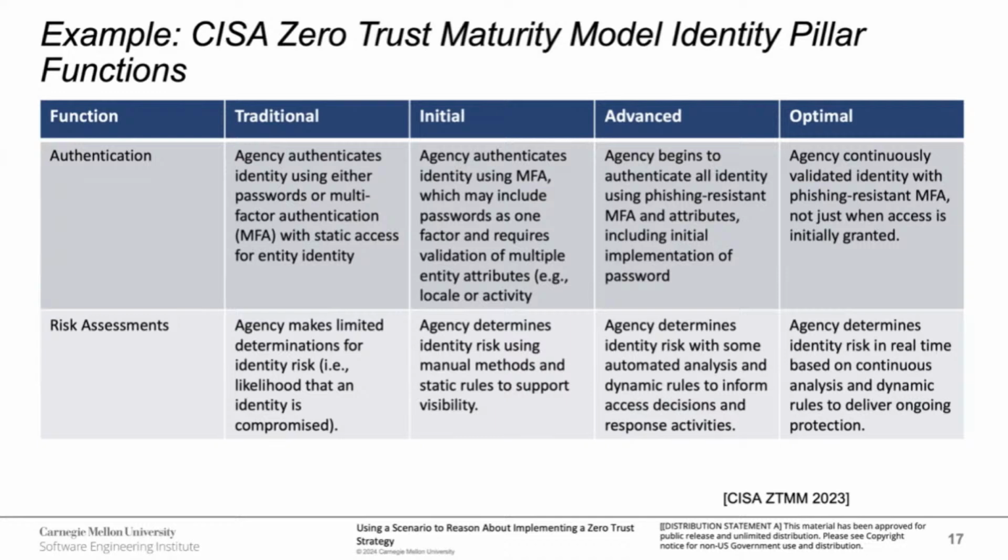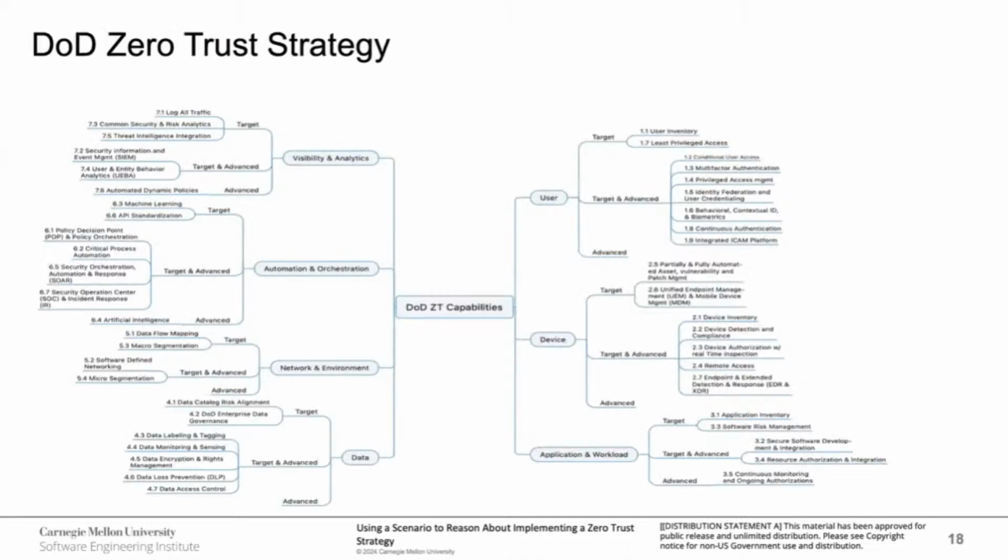The DoD is a little bit different. They have 7 pillars. Rather than being cross-cutting, as we saw in CISA, they are one of the main pillars there. So I took this out of the DoD Zero Trust Portfolio Management Office, where they're under the mandate that by 2027, all DoD components have to implement the target level of Zero Trust.